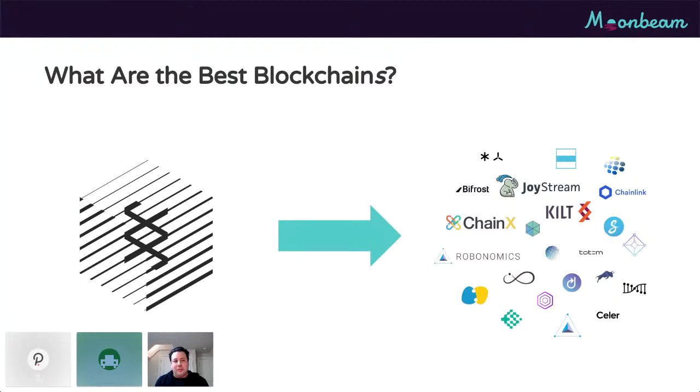And so, in some sense, when we're talking about Substrate, it's all of these different chains that are being created using Substrate, whether they're standalone chains or chains that ultimately will be deployed to Kusama. And I think for a lot of you that are building chains, you're going to be building the best blockchain for your particular use case.